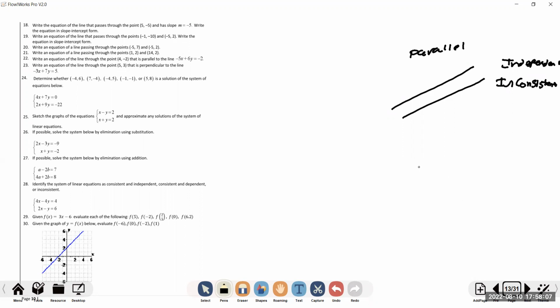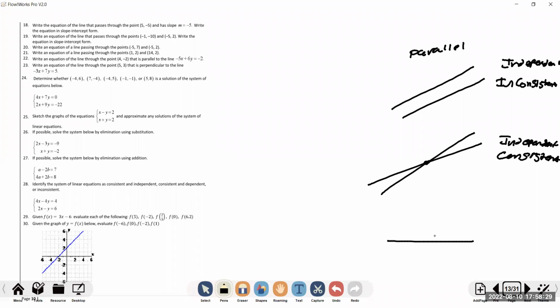So I could also have lines that are independent and consistent because they're different equations that have only one point of intersection. They do cross each other.